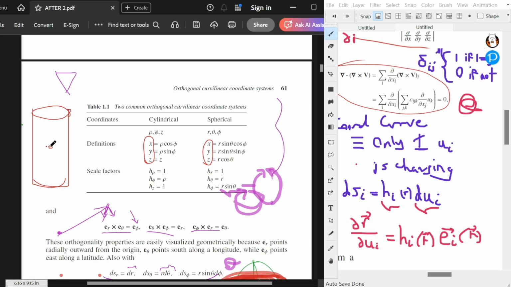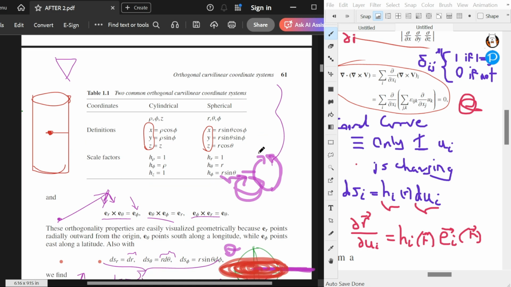I assume the cylindrical coordinate starts in the middle of the cylinder. x equals rho cos phi, z equals z. I don't really care that much, honestly. Why is this rho and these are 1, 1?